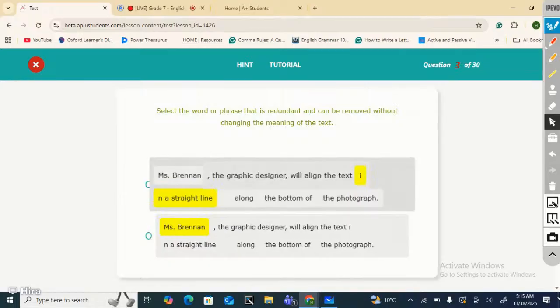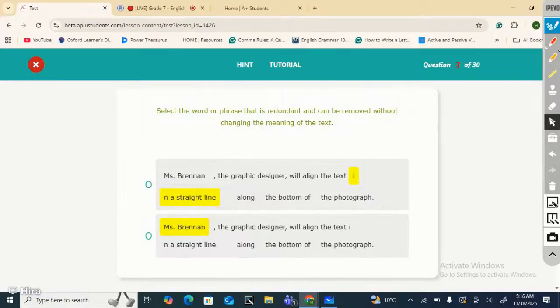Miss Brennan. Well, the first one, the graphic designer will align the text in a straight line. Let me tell you why this phrase "in a straight line" is redundant. It's to put the text in a straight line, to keep the text in a straight line.